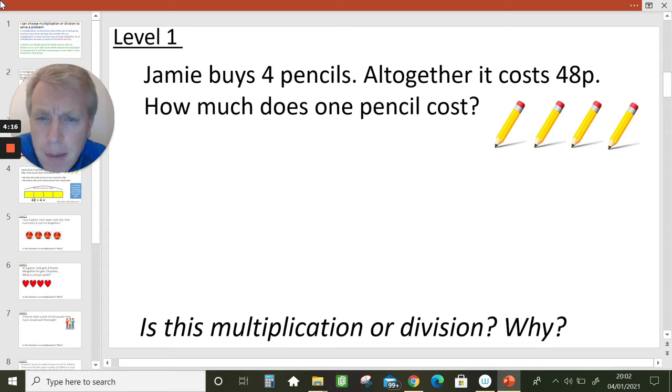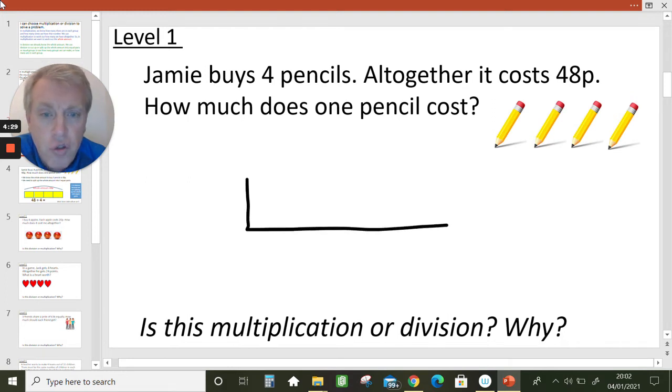Well, let me think about this. Does it mean that each pencil is 48 pence? It doesn't, does it? If we drew a bar model for this, and I'll try to draw a neat one, the whole amount, the altogether number, we know that.